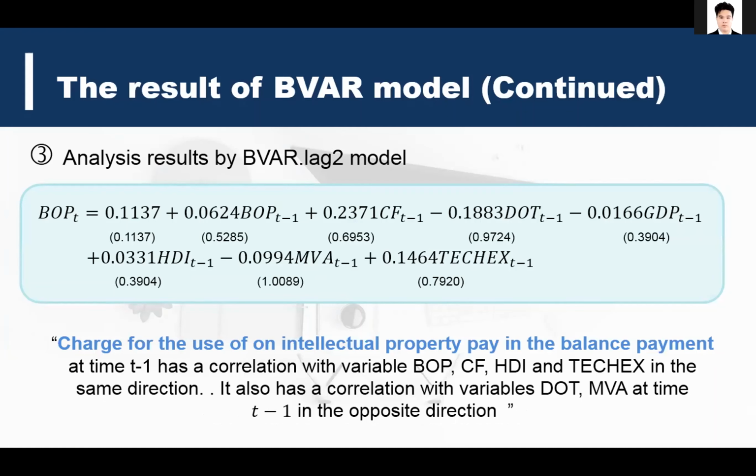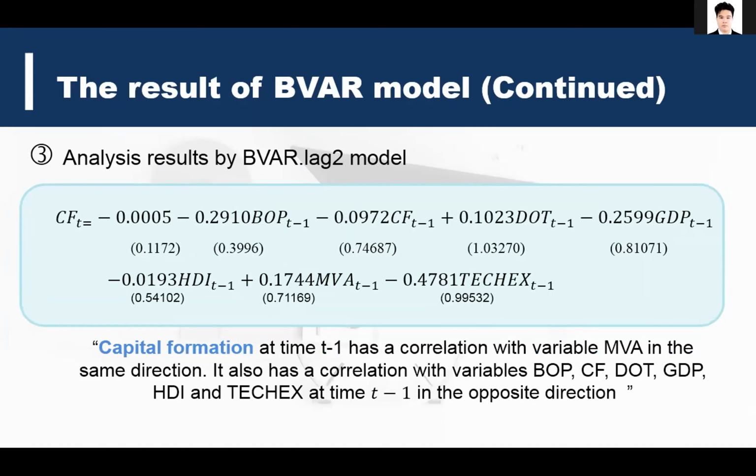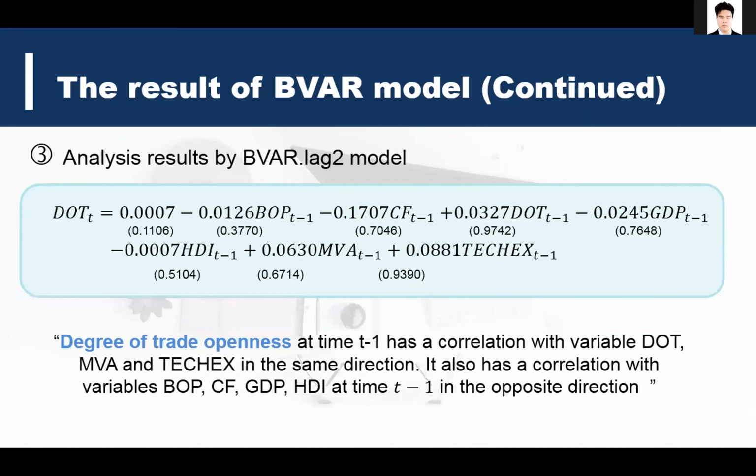Charges for the use of intellectual property payment in the balance of payments has a positive relationship with capital formation, human development index and technology export. And here is also the relationship between each variable.